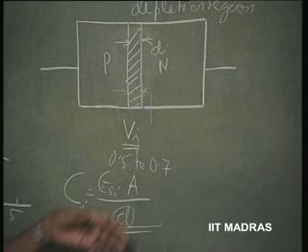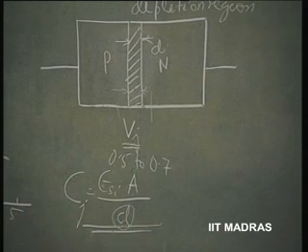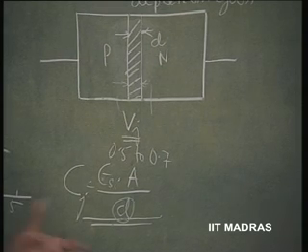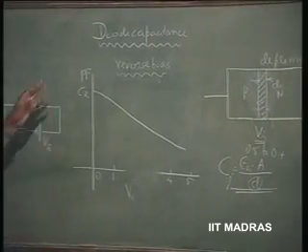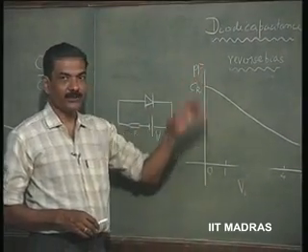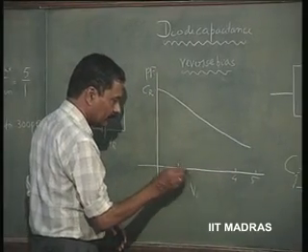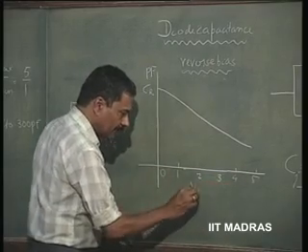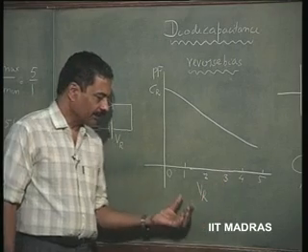So, if this kind of property of the junction is exploited, then that particular diode becomes a special diode. You can say it is a diode specially used for its capacitance, and the capacitance is going to be dependent upon the reverse bias voltage, as the reverse bias voltage magnitude, let us say, increases.